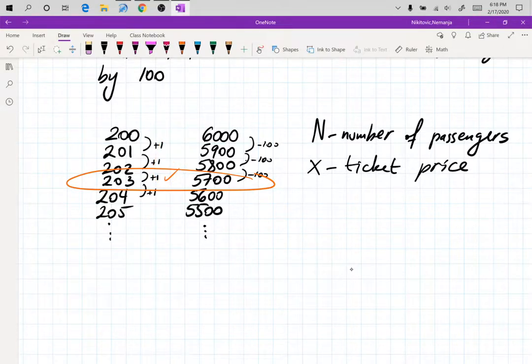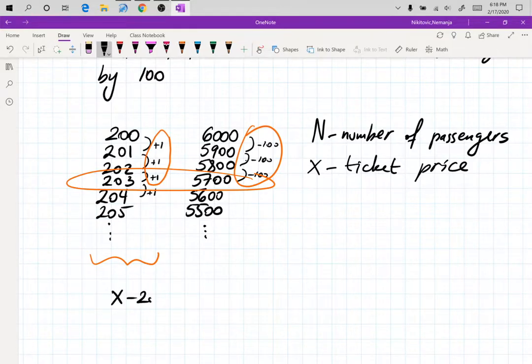So you lost this many times 100. Again, you can rewind this and watch it again. It's very important now to understand that for this line, you had 1, 2, 3, and you lost 1, 2, 3 over here by 100. So this one over here is the ticket price X, and if you take away 200, you are left with what we would call a counter.